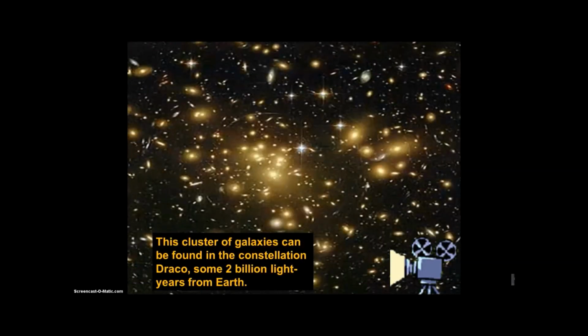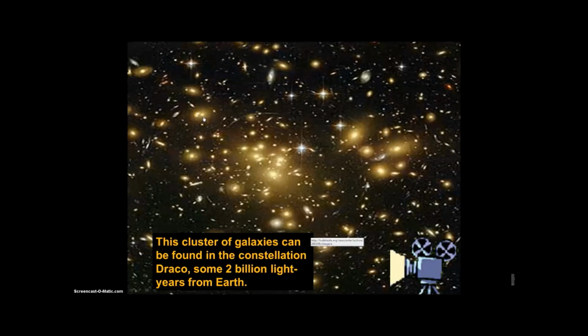Again, scientists believe that there are over 125 billion galaxies in our universe. This is a picture taken by the Hubble Space Telescope. And these aren't stars, guys. These are galaxies. This is a cluster of galaxies called Draco, and you're looking at about 2 billion light years away from Earth, and you can see a lot of the spiral galaxies in there.